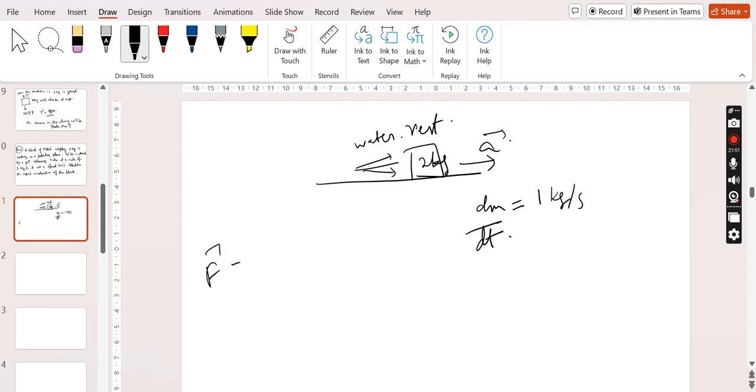So if we know dp dt, we are calculating F for 2 kilo. So m into v.